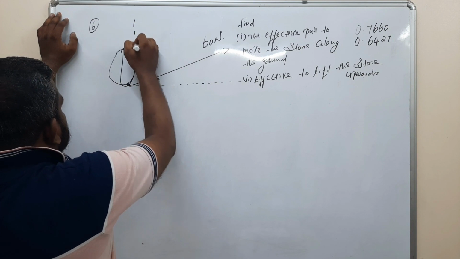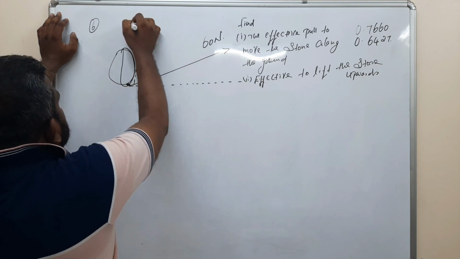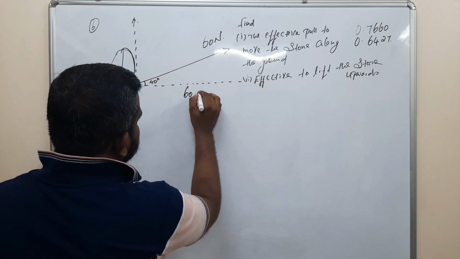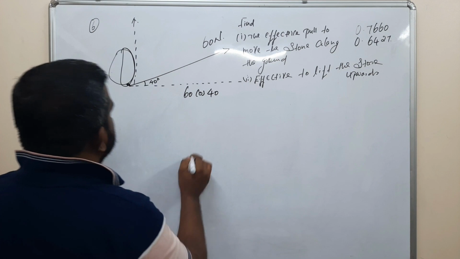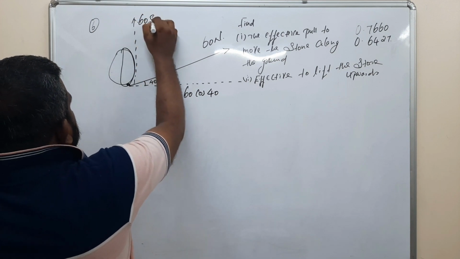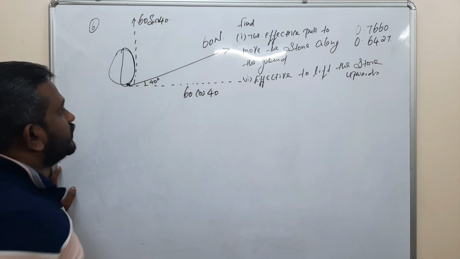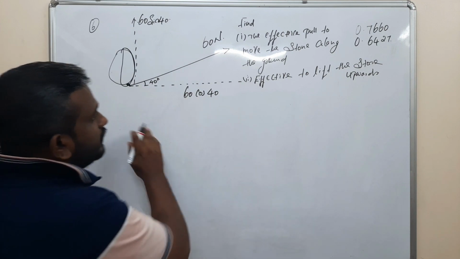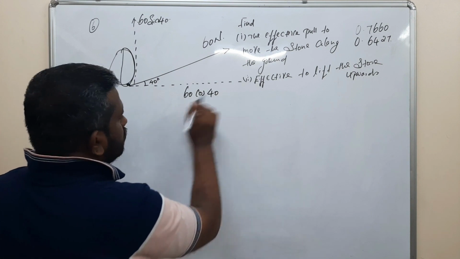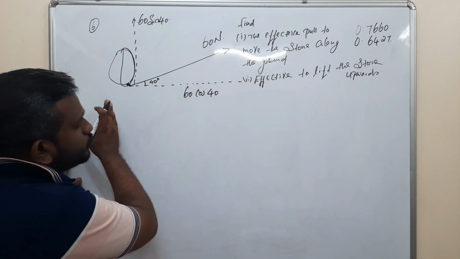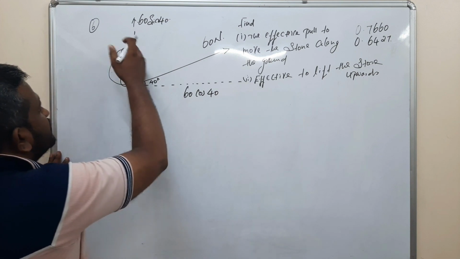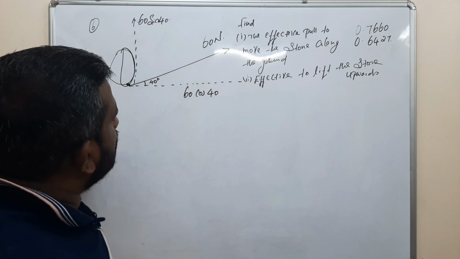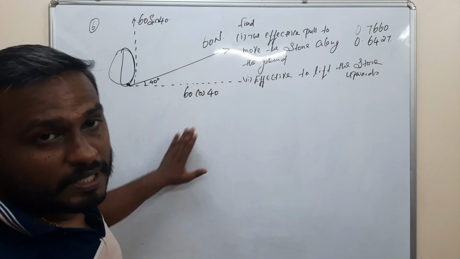We can split this force into two components, that is 60 cos 40 and 60 sin 40. The force 60 cos 40 will tend the stone to move along the ground. The force 60 sin 40 will tend to lift the stone upwards.